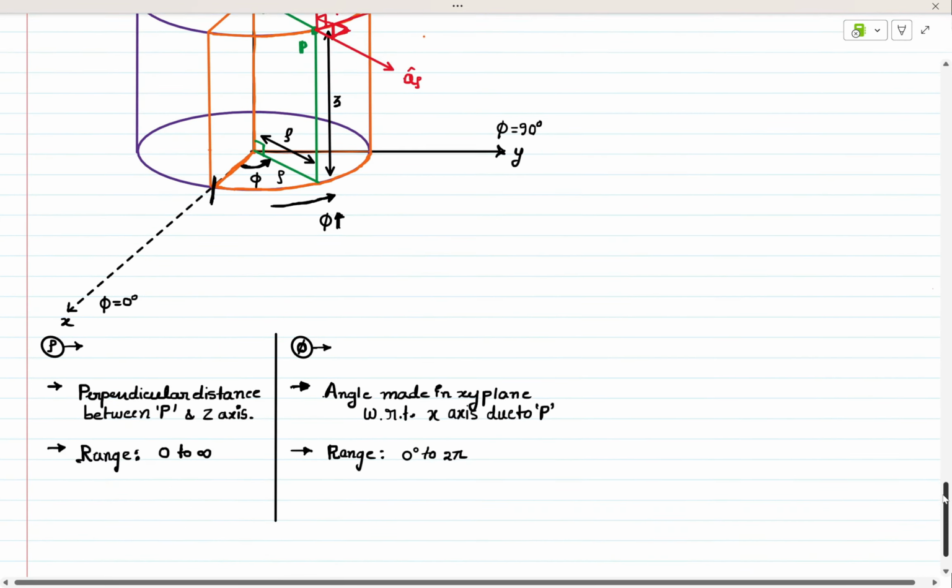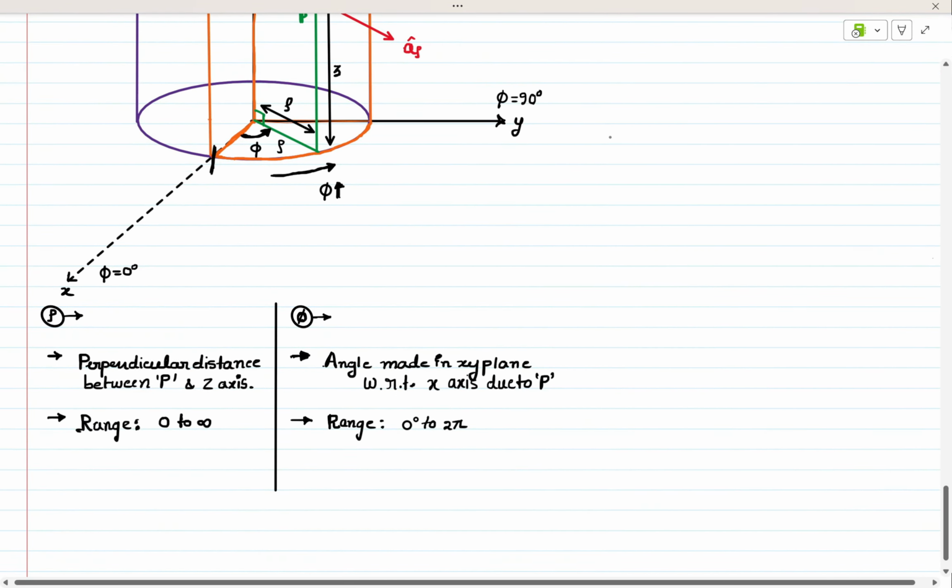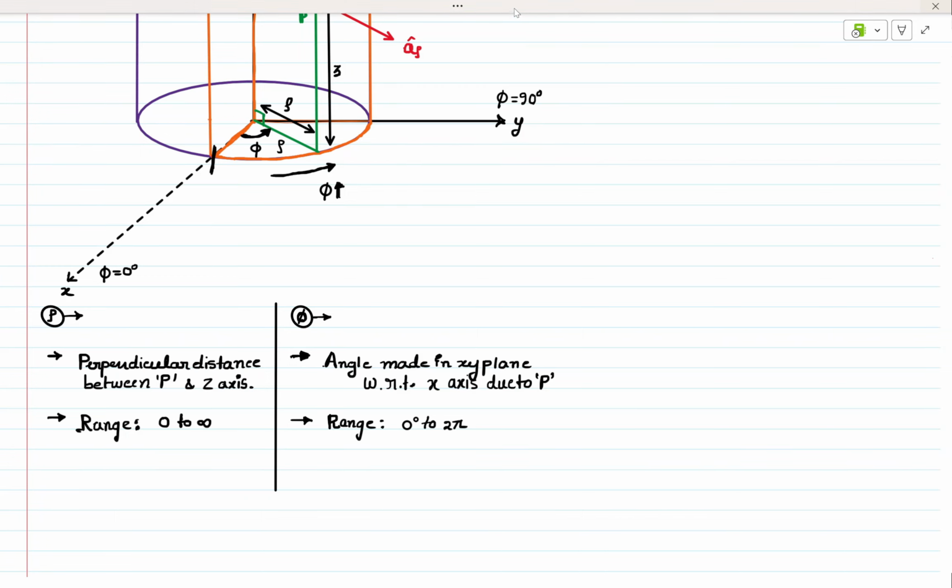Now coming back to the last parameter, that is the z. What is the z? Let us see the z, which is a simpler one.